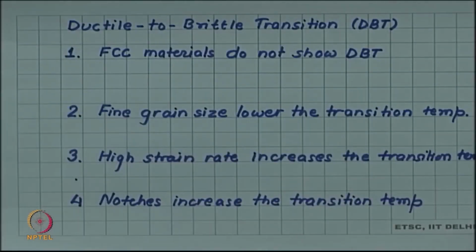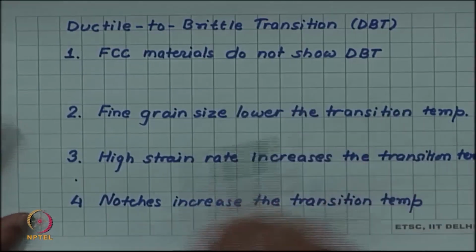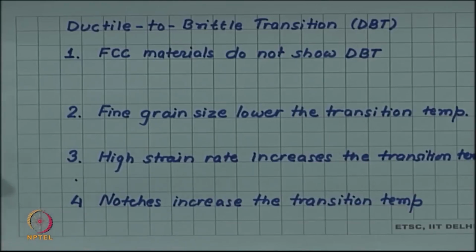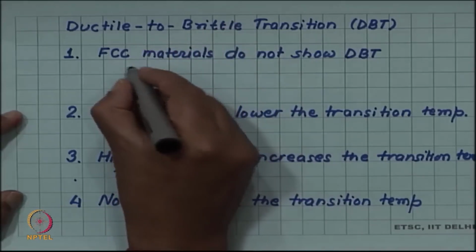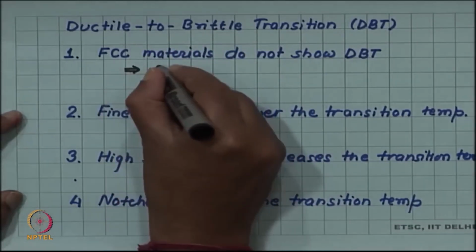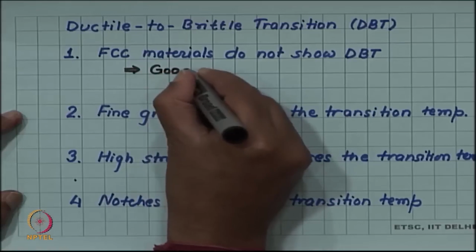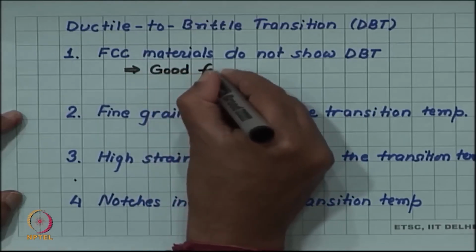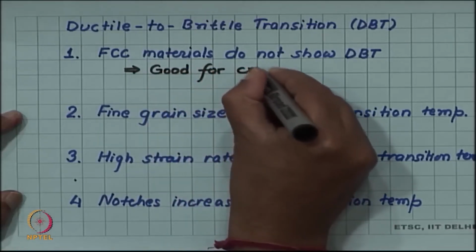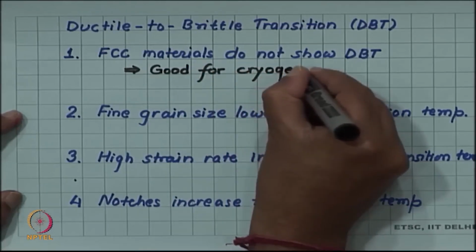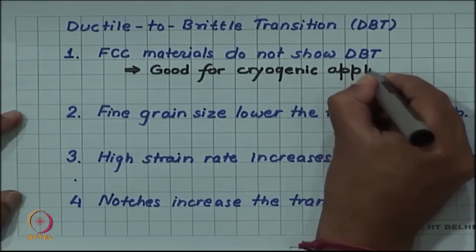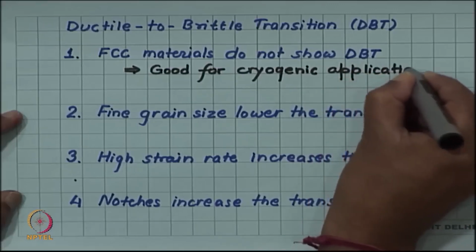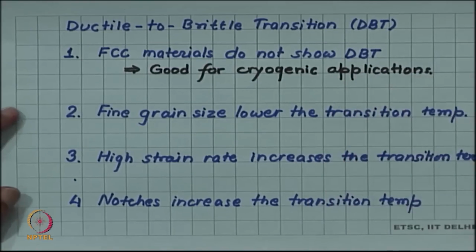So, let us look at some of the facts about ductile to brittle transition. FCC materials do not show DBT, ductile brittle transition. So, these materials are good for cryogenic applications.